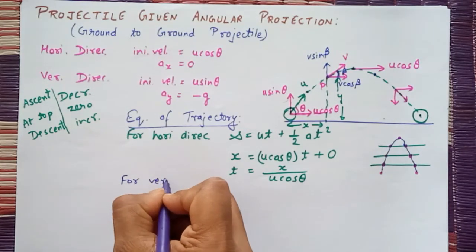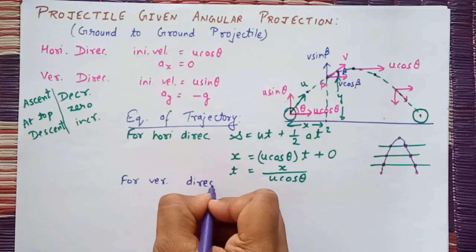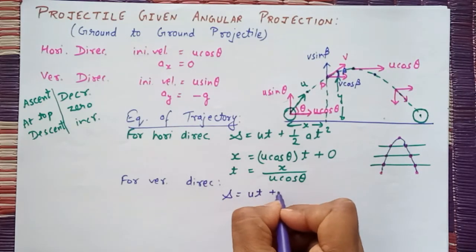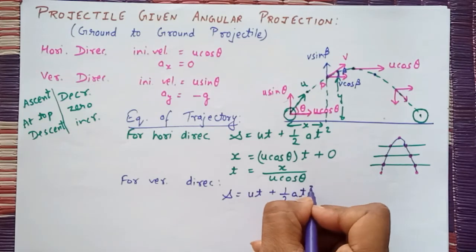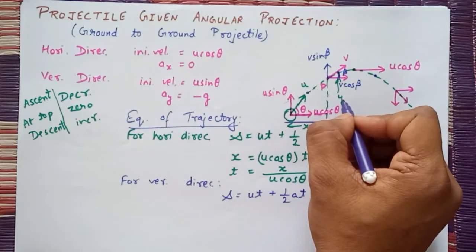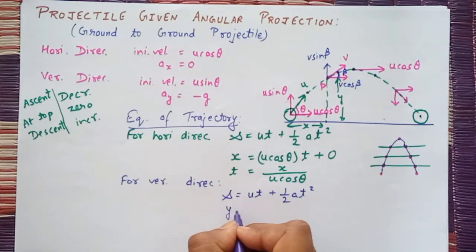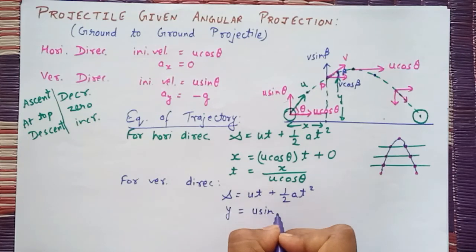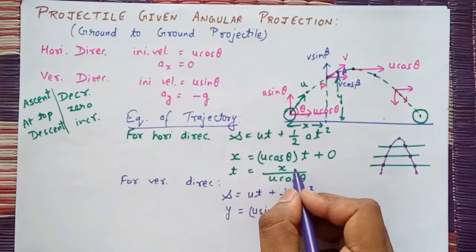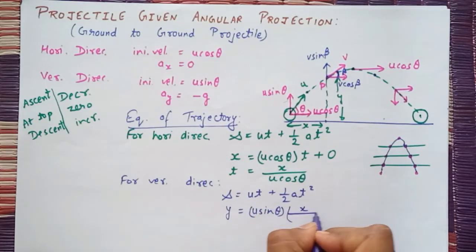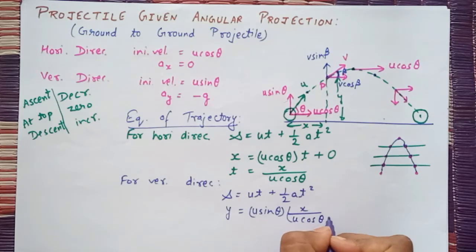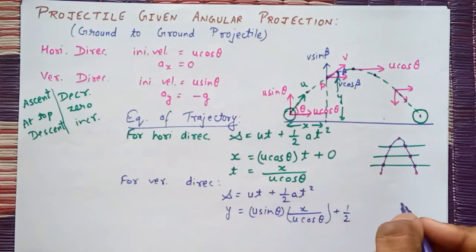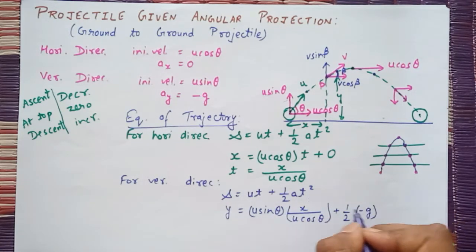Fine. Now for vertical direction, s is equals to ut plus half at square. What is s? In the vertical direction it has covered the distance y. What is u? Initial velocity is u sine theta. What is t? t is x upon u cos theta, plus 1 by 2. What is acceleration? It is minus of g. What is time?